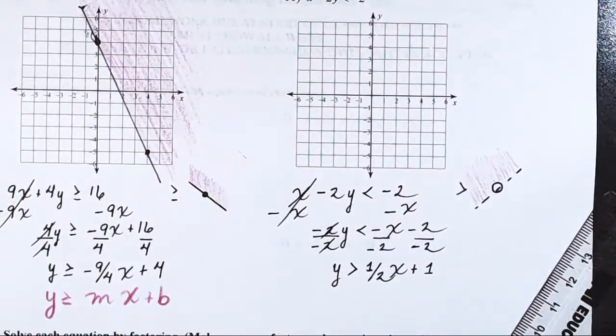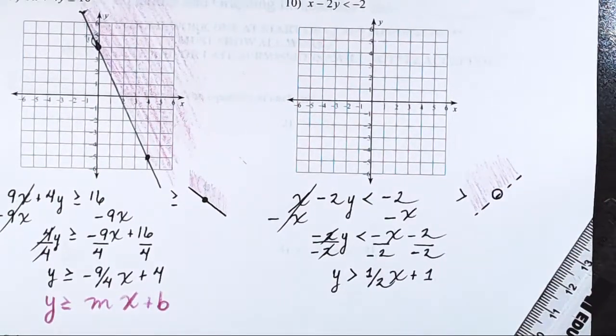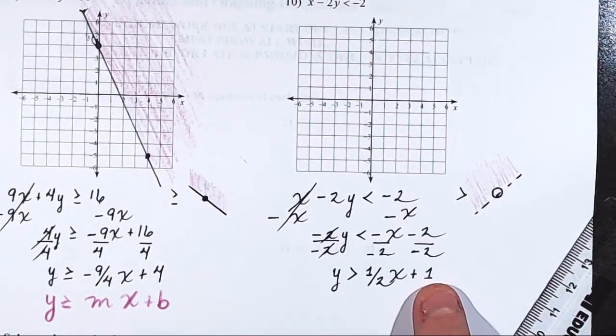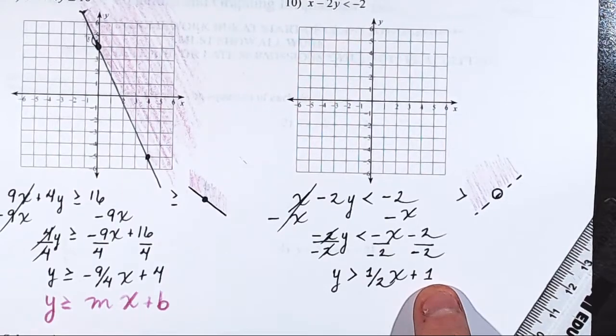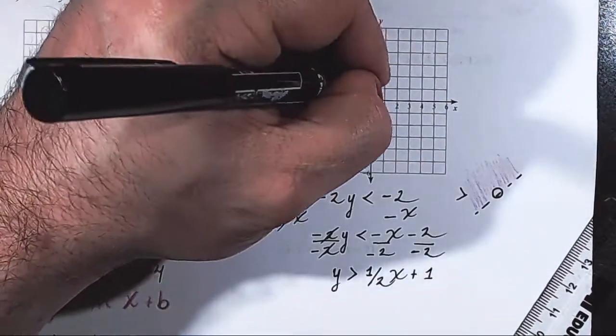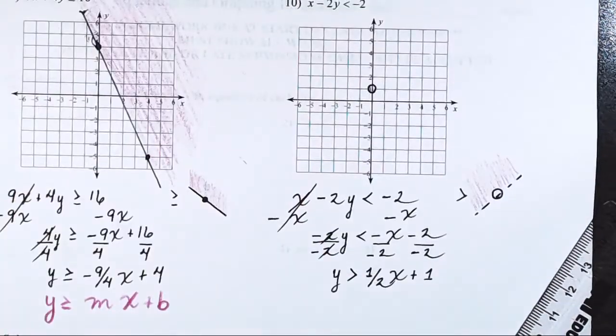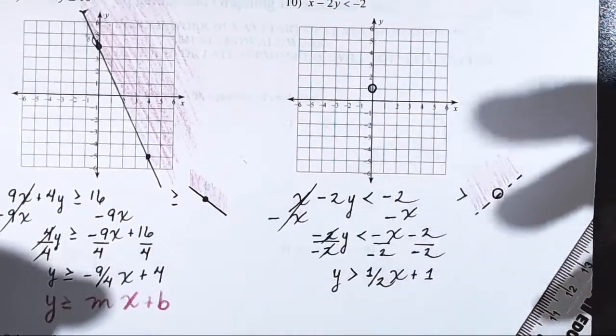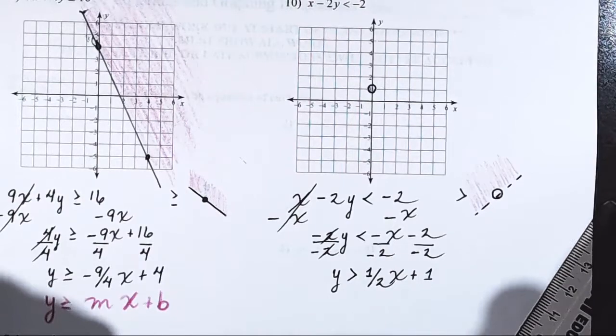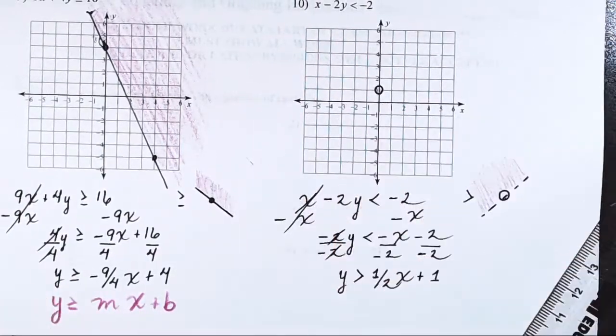Going into the problem, you already know what you're going to do. We'll start at the y-intercept, which is 1, and I'll put an open circle there. It just means that that is the y-intercept, but according to this inequality, that particular point is not contained within the solution set. That's what that open circle means.